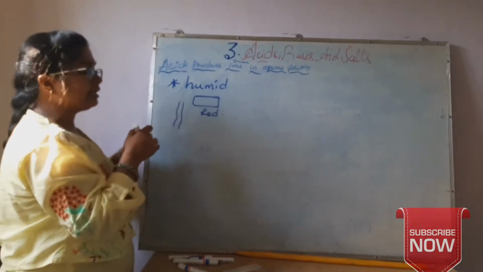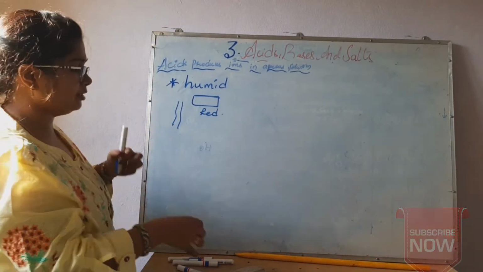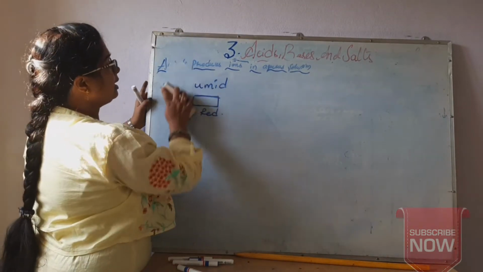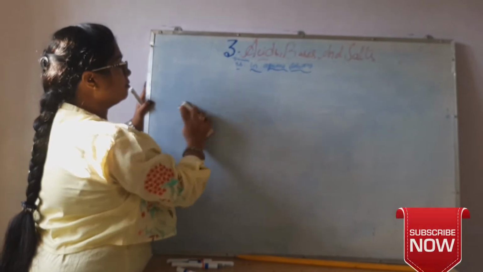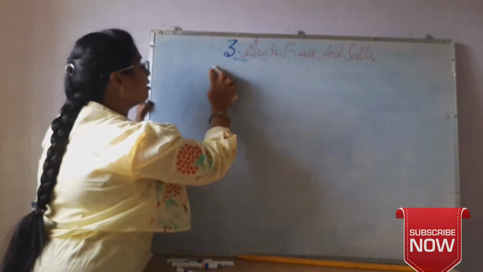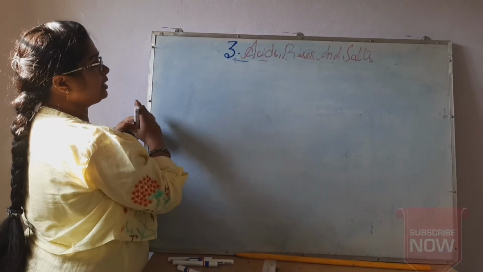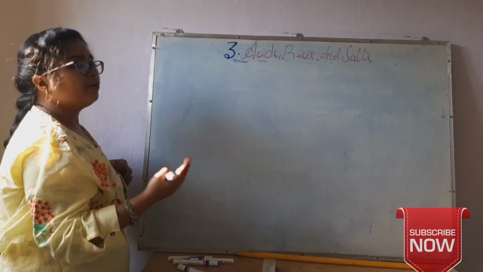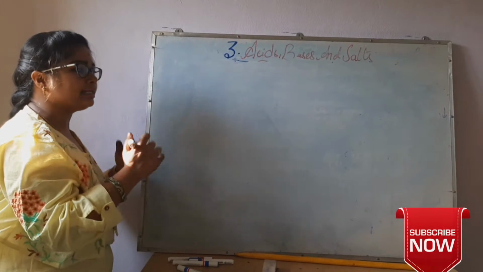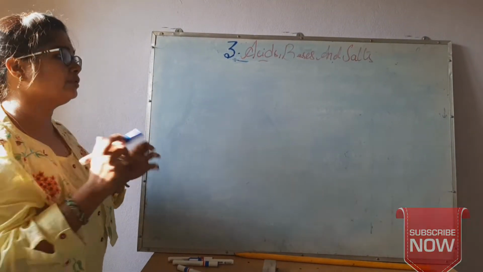So in that case it will be an exception. And if H+ ions are completely split out, then it is a strong acid. When it does not split completely, it is a weak acid.